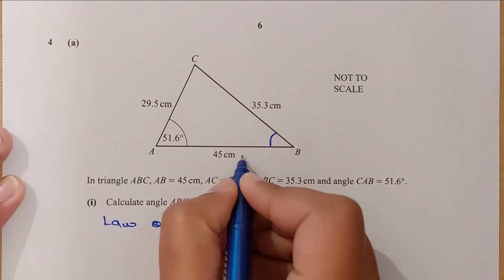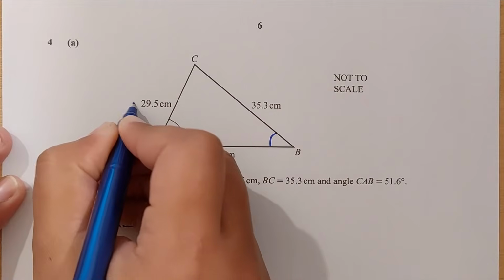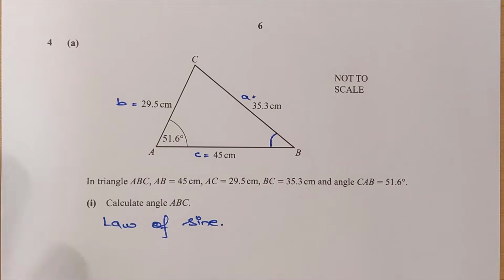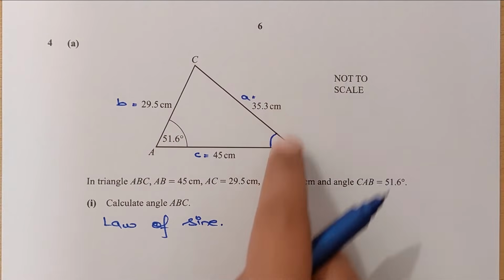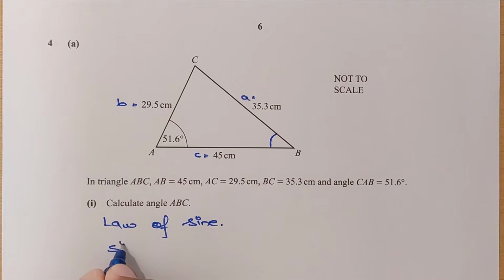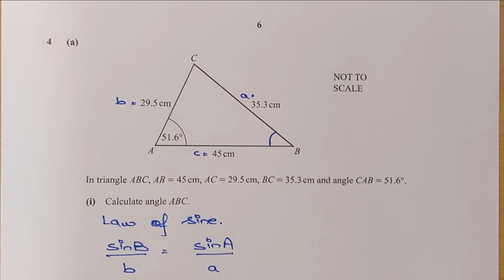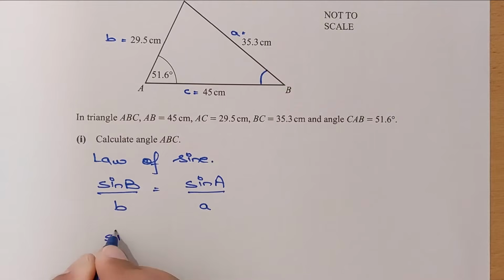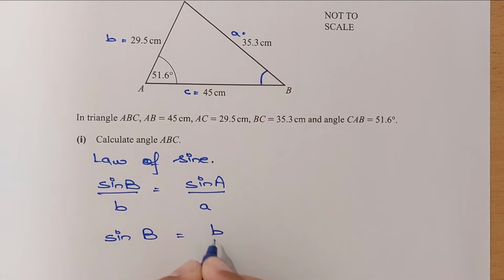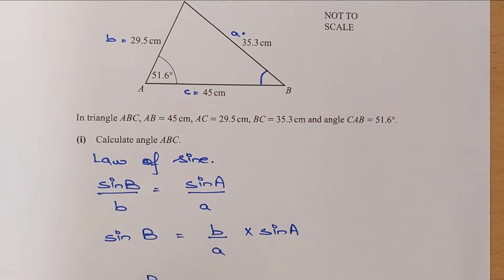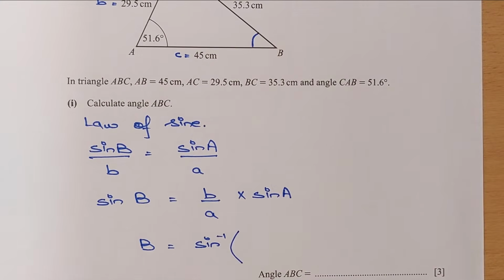So the side opposite C is, this is C, this is B, and this is the value of A, right? Now we have angle A and side A, angle B and side B. So we can say sine B over side B equals sine A over side A. To get the value for B, sine B is equal to side B by A times sine of A. So B is equal to sine inverse of, what are the B and A values?